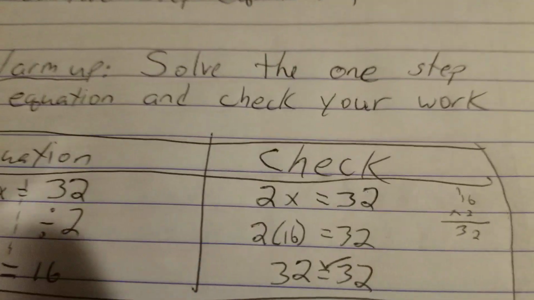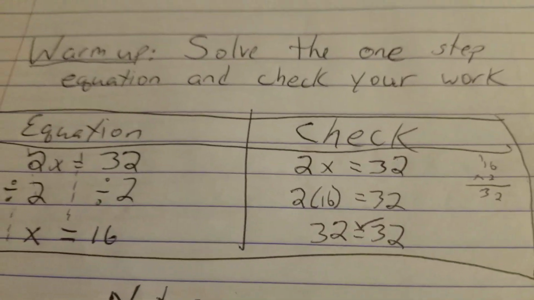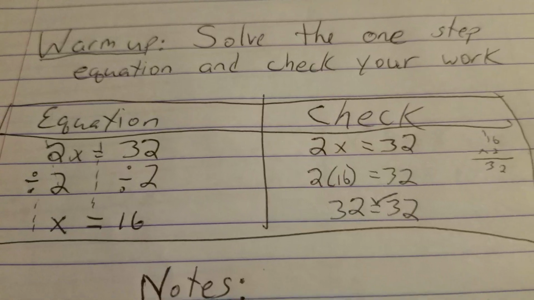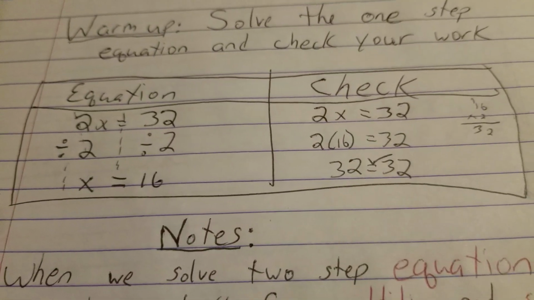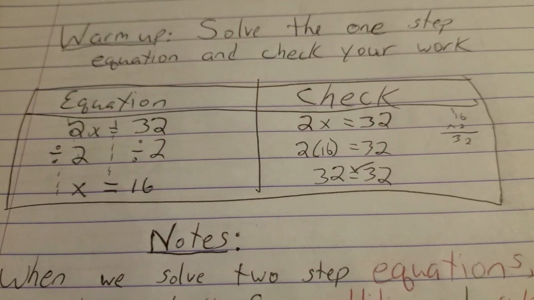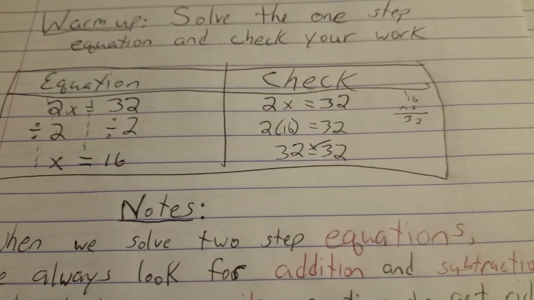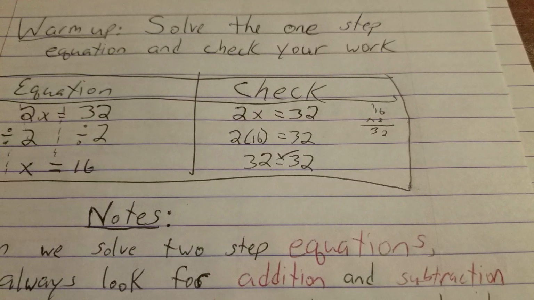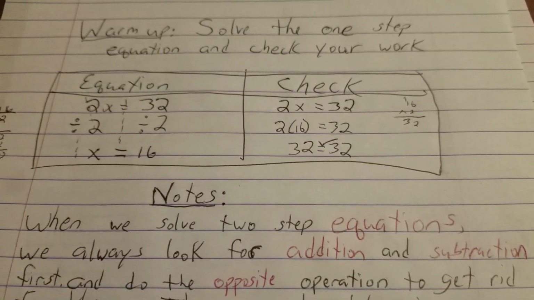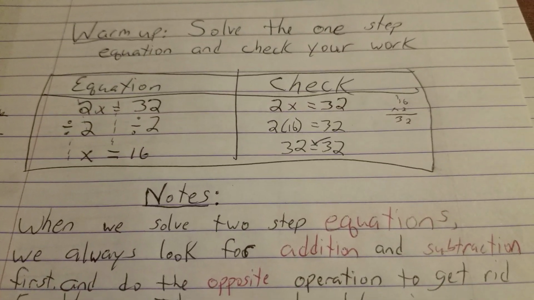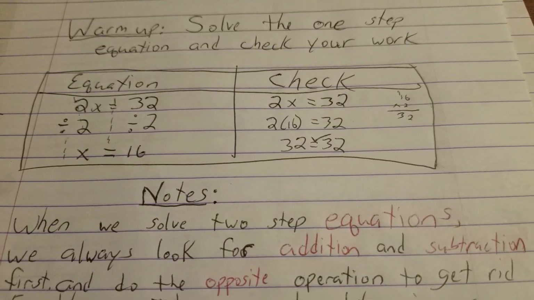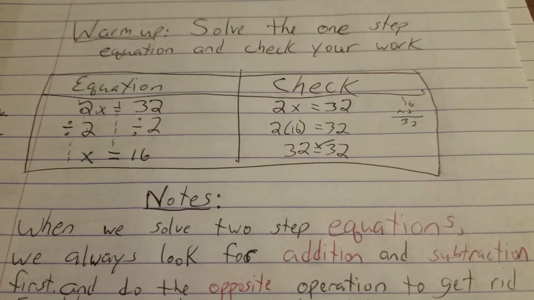All right, so notes time, here we go. Anything written in red is notes that need to be filled in on your sheet. So when we solve two-step equations, we always look for addition and subtraction first. Once we see the addition or subtraction, we want to do the opposite operation to get rid of them.